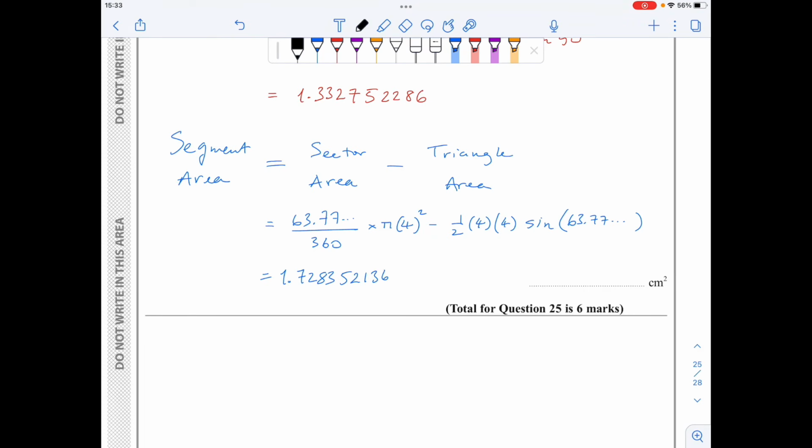So finally, the shaded area is given by the sum of the two numbers. That's 1.33 and so on, plus 1.72 and so on. This comes out to be 3.06 centimeters squared, and that's the final answer.